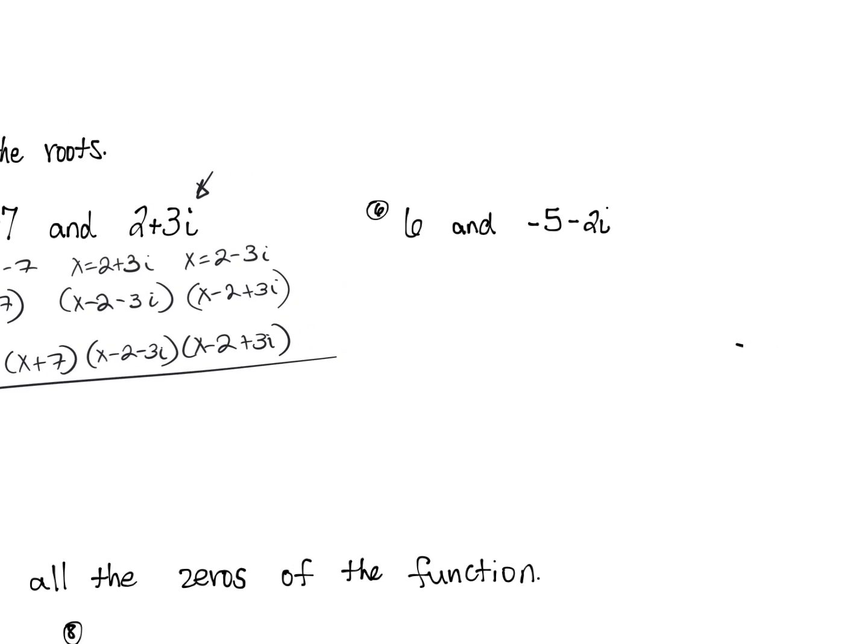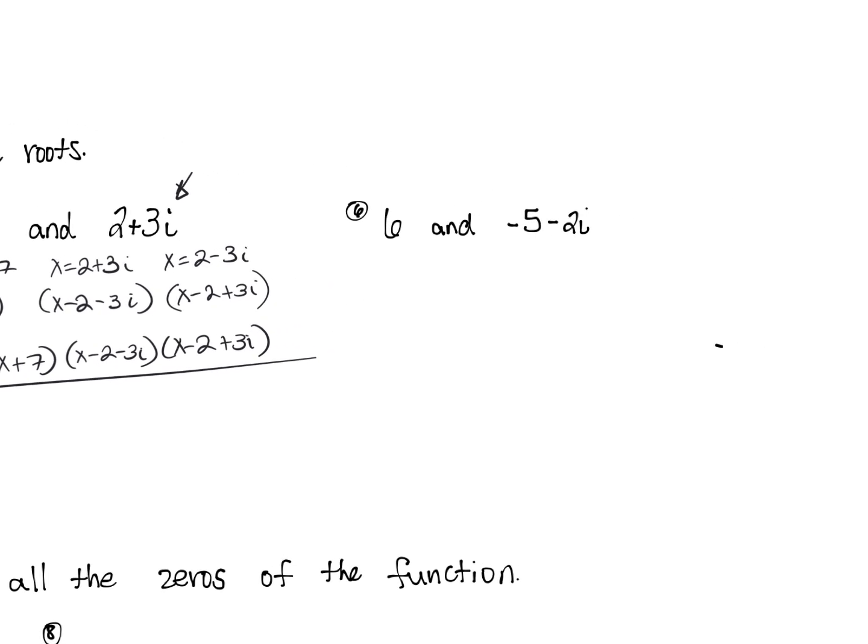Now we have 6. We have x is equal to 6, and we have x is equal to -5 minus 2i. Again, this is a conjugate because we want to get rid of the i. So I'm going to rewrite it as well into x is equal to -5 plus 2i. Now we're going to get a parentheses of x minus 6.